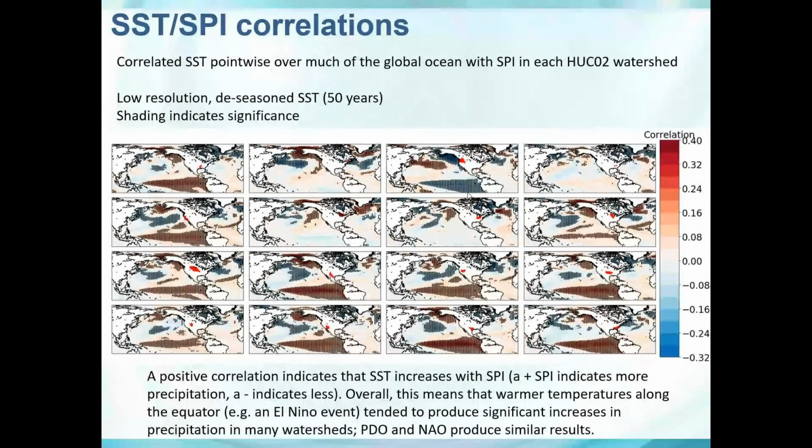So it looks like there is a strong effect of ENSO that's happening here. And we also see similar patterns for the Pacific Decadal Oscillation. We see areas of shaded significance in the North Pacific and in the North Atlantic as well, which means that the North Atlantic Oscillation is also playing a role.